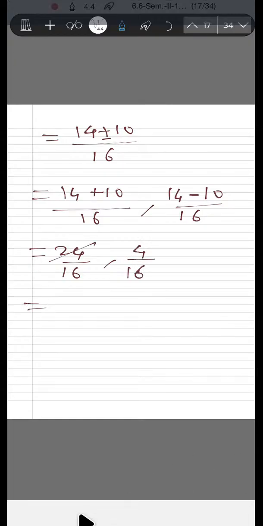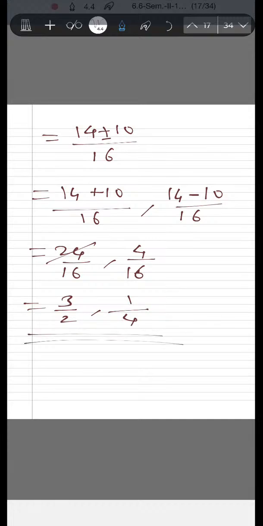What will be the answer? Here you can see 8 threes are 24, 8 twos are 16, therefore 3 by 2, and here 4 ones are 4 and 4 fours are 16, so 1 by 4. That's it.